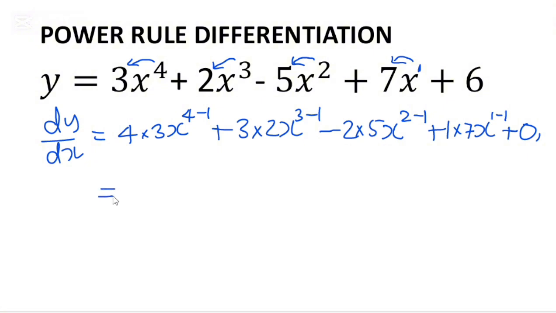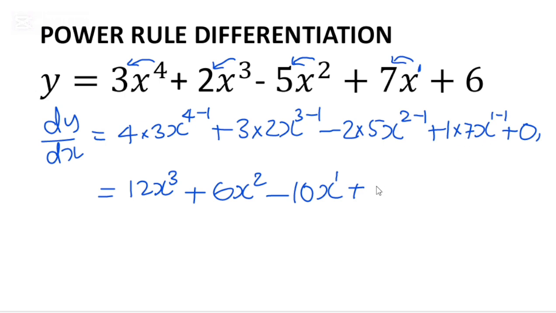We have 4 times 3 is 12x, 4 minus 1 is 3, plus 3 times 2 is 6, then x to the power 3 minus 1 is 2, minus 2 times 5 is 10x, then 2 minus 1 is 1, plus 1 times 7 is 7x, 1 minus 1 is 0.